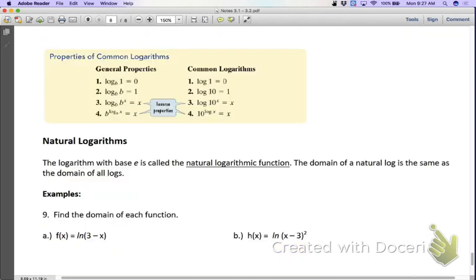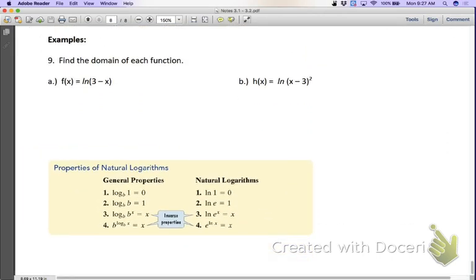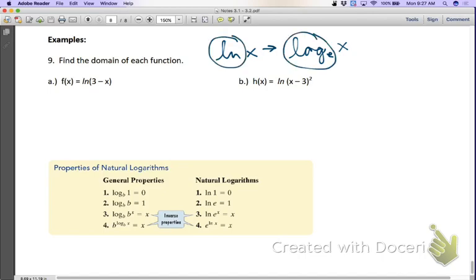Same way if they turn it into a natural log. If you had me last year, you would see me write the natural log of x as log base e of x. The natural log is really just log base e.